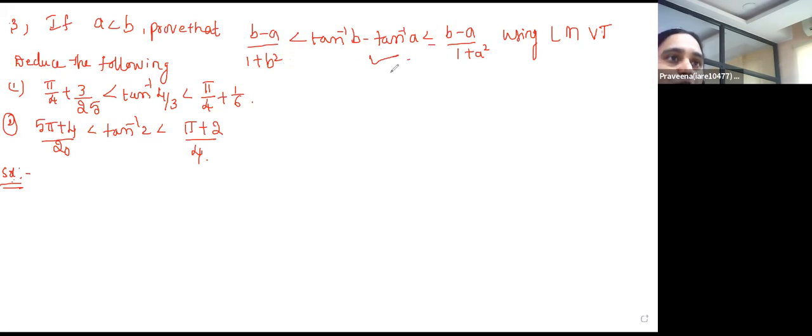Once the proof is done, from that proof, deduce the following. What is the first question? Pi by 4 plus 3 by 25 is less than tan inverse 4 by 3, which is less than pi by 4 plus 1 by 6. From the proof, we assume values of a and b, and then we get the first deduction.